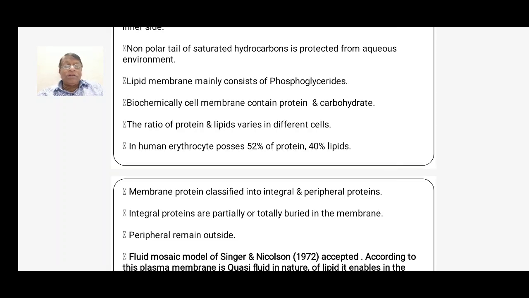Totally means some of them are completely in the lipid layers. Some more proteins are also there. These proteins remain outside. Now the very important point, see the diagram once again: the arrangement of proteins in the layer of the cell membrane.